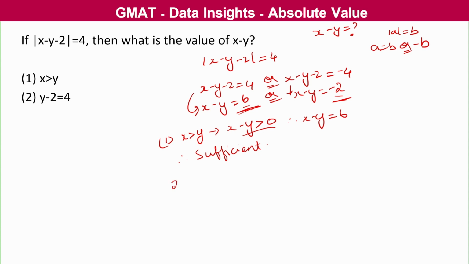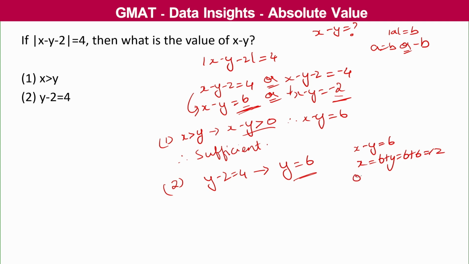Let's look at statement 2. Statement 2 tells us that y minus 2 is equal to 4. So this means that y is equal to 4 plus 2, 6. So here you know the value of y, but you don't know anything about the value of x. So x minus y can still be equal to 6. Then x will become 6 plus y, that is 6 plus 6 becomes 12, or x minus y could still be equal to minus 2.